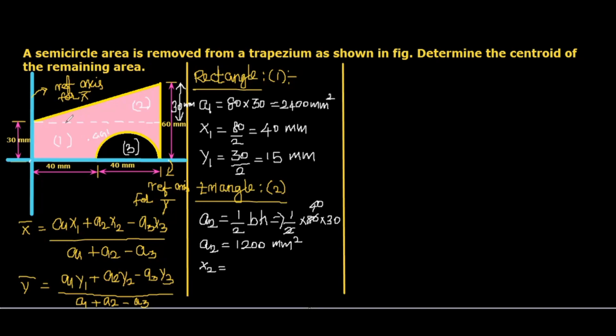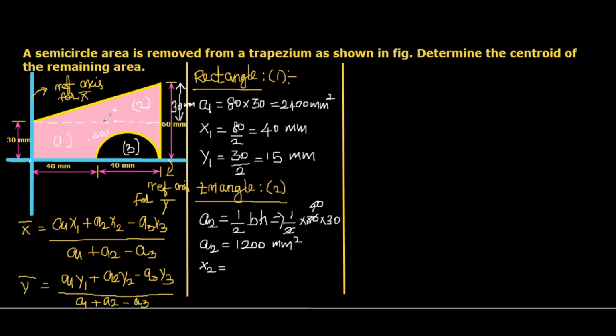So here for a triangle, from the smaller end, the distance will be 2 by 3 the distance, whether linear or vertical. From the larger end, it will be 1 by 3 multiplied with the distance, whatever the side dimension. So here you can see for x, if the center of gravity is here, from here to here we are going to take the distance.